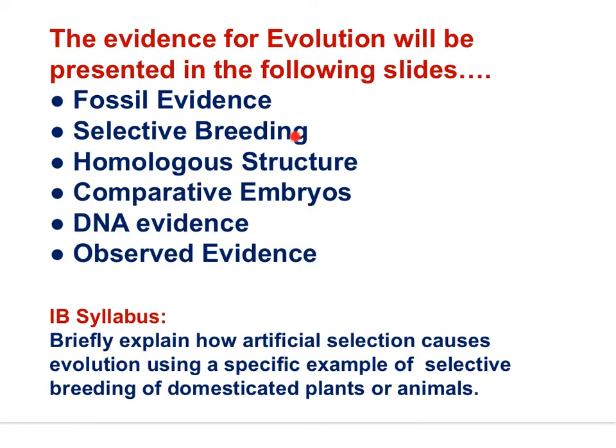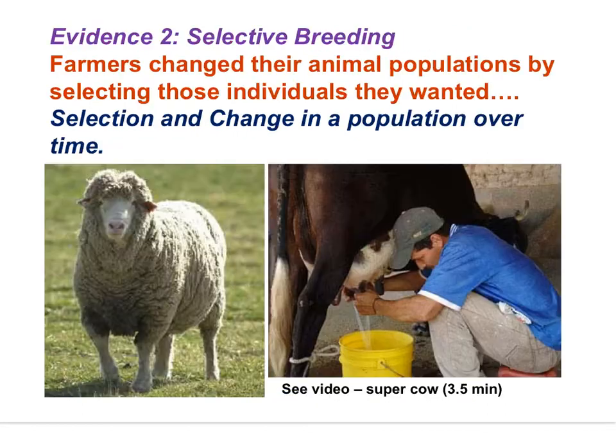Let's move on to selective breeding. The IB syllabus statement is briefly explain how artificial selection causes evolution using a specific example of selective breeding of domesticated plants or animals. Evolution through selective breeding has been occurring among domesticated plants and animals for as long as people have been farming.